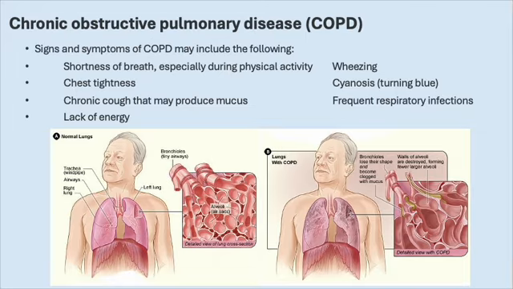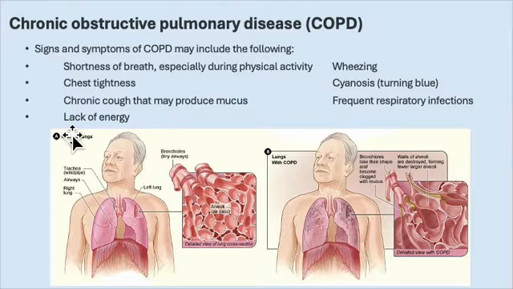Now, we've seen on previous slides emphysema, which is the destruction of the specific little sacs within the lungs, the alveoli. Now, let's look at an umbrella term for things like emphysema and also chronic bronchitis.